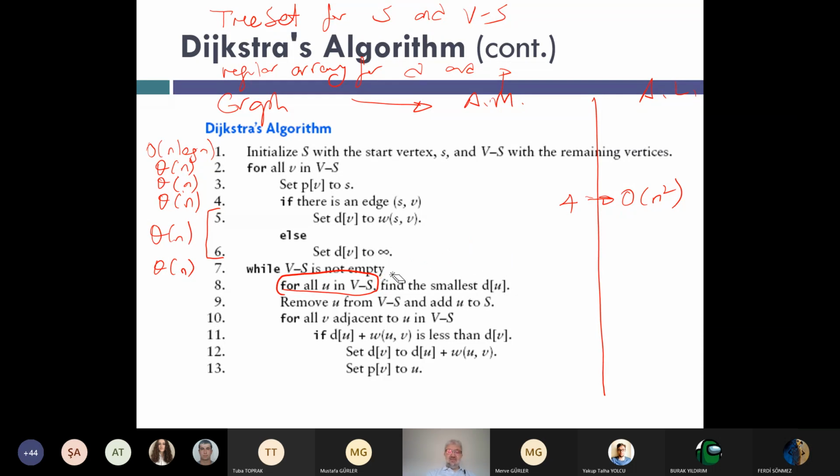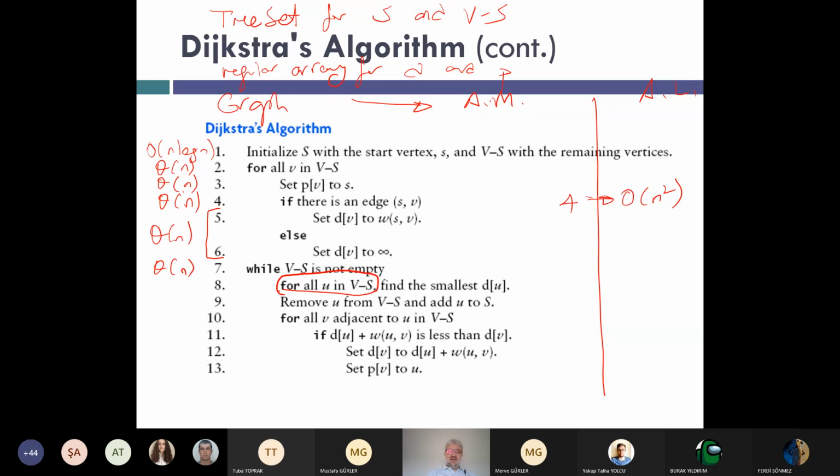Until 0. So we have to iterate through that. And an iterator in TreeSet requires an in-order traversal, and in-order traversal takes linear time.